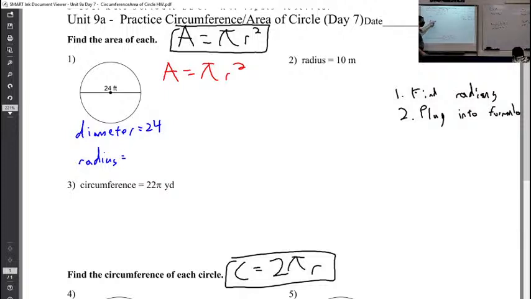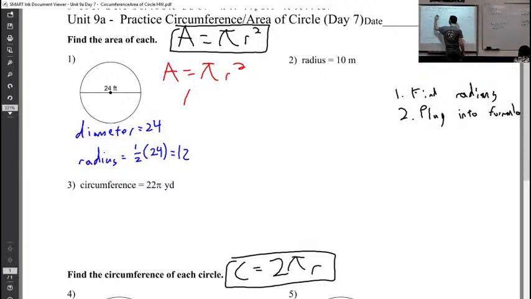Since diameter is all the way across, the radius is half of that, which is 12. So that's our step 1. Figure out the radius. We have found the radius.